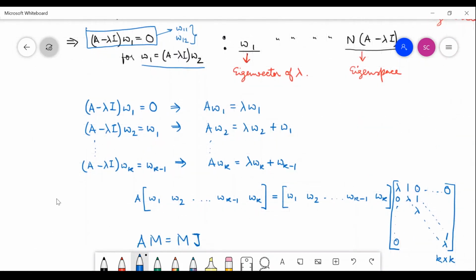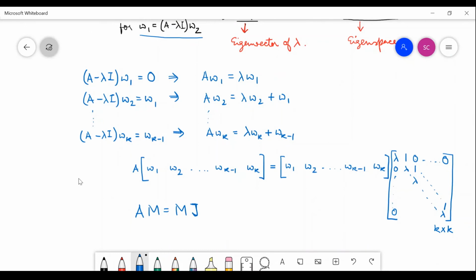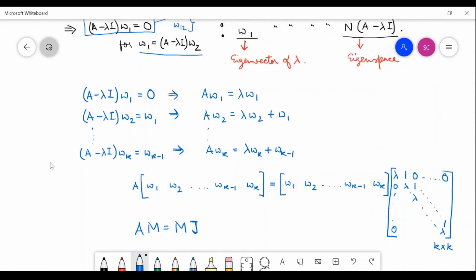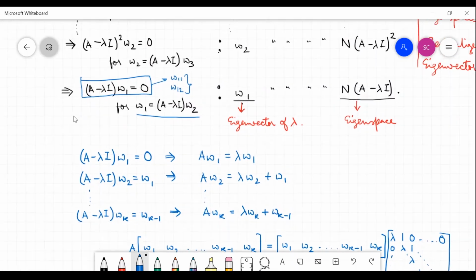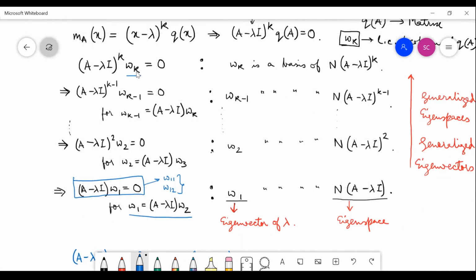Hence, one Jordan block will be of size k. This means that one Jordan block will be of size k, and that is the maximum size of a Jordan block possible, because we cannot have an omega k plus 1 which is non-zero.